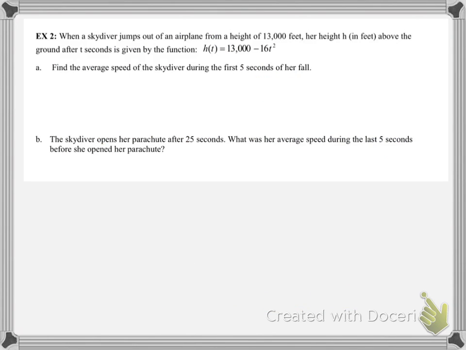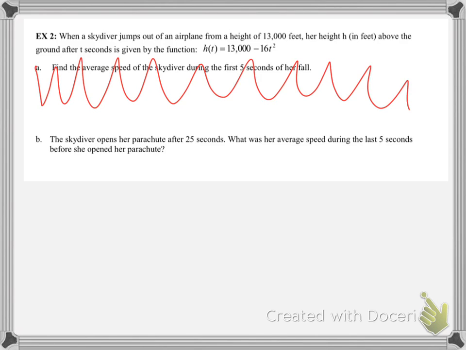Okay, let's do this. This one's a little redundant. So the only thing you really need to know about this one that makes it a little bit different is that speed is slightly different than the average rate of change in the function, in that this function measures height, right?